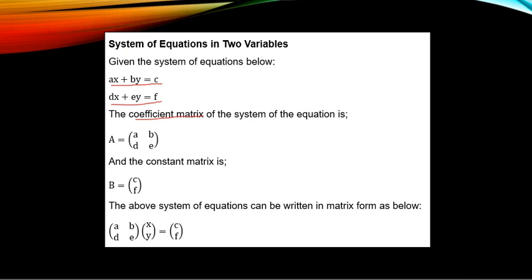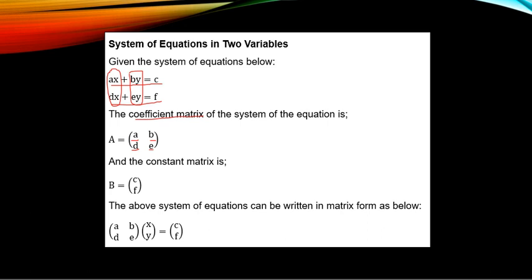For instance, if you take the x column, the coefficient of x in equation 1 is a, and of x in equation 2 is d. That is the x column. If you take the y column, the coefficient of y in equation 1 is b, and in equation 2 is e.